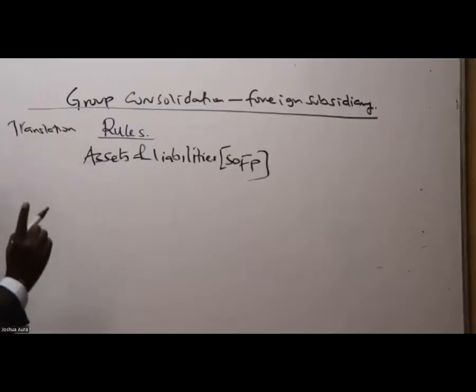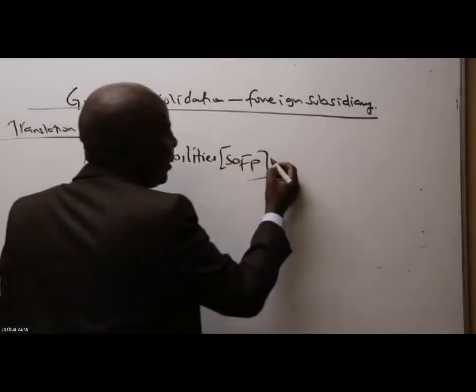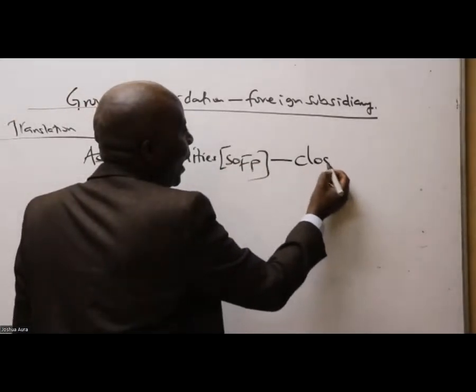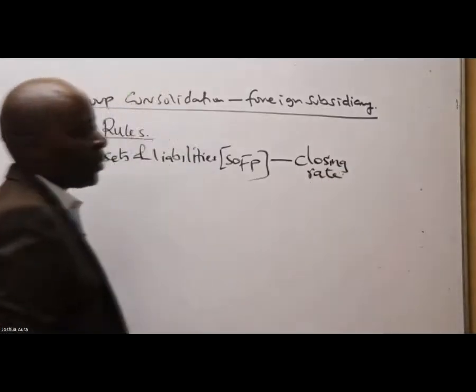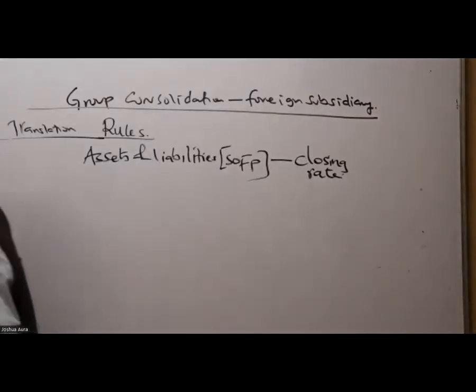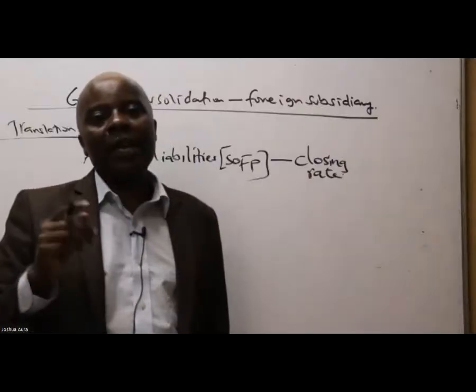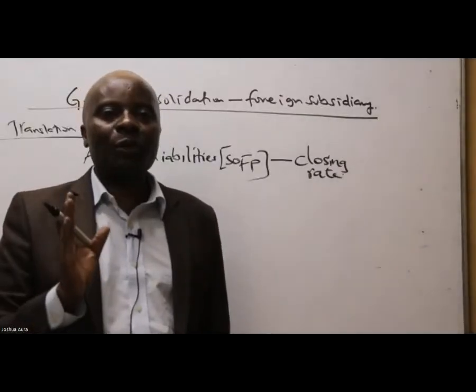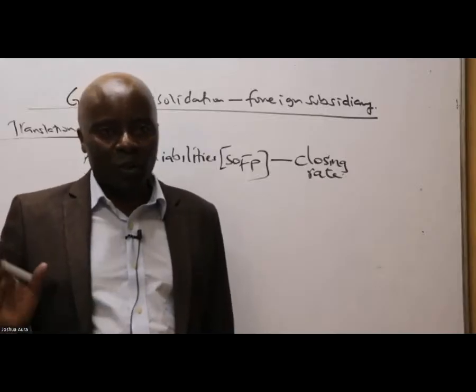So assets and liabilities, we shall always be translating them at the closing rate. Closing rate is the rate which exists at the end of the year, at the end of the financial reporting period.